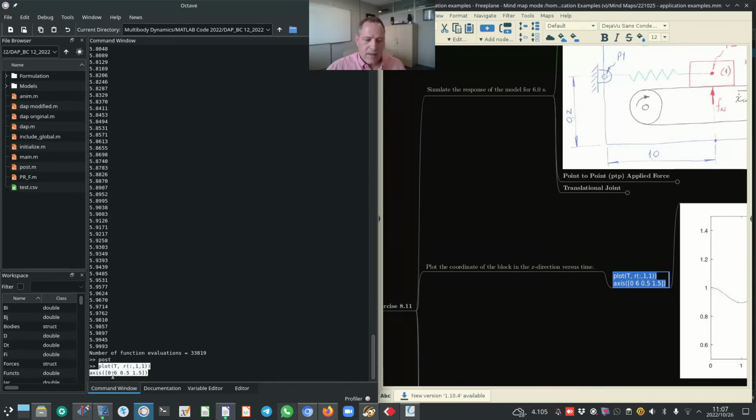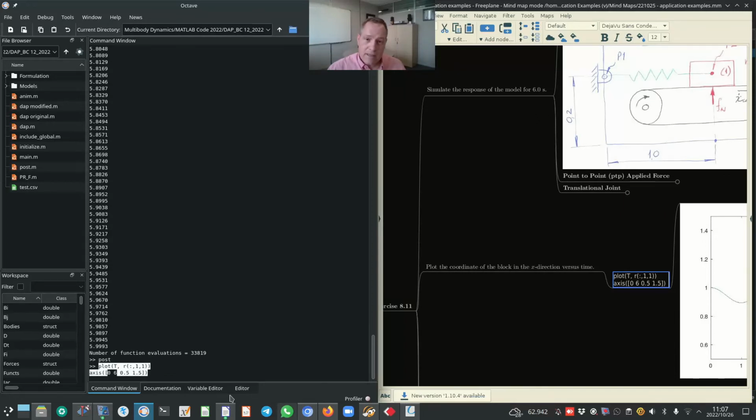And then in the second line, this MATLAB command axis just scales both the x and y axes of my plot. I'm not too worried about the x axis, because we know we're running the simulation for 6 seconds. So we will start at time 0, and we will end at time equals 6.